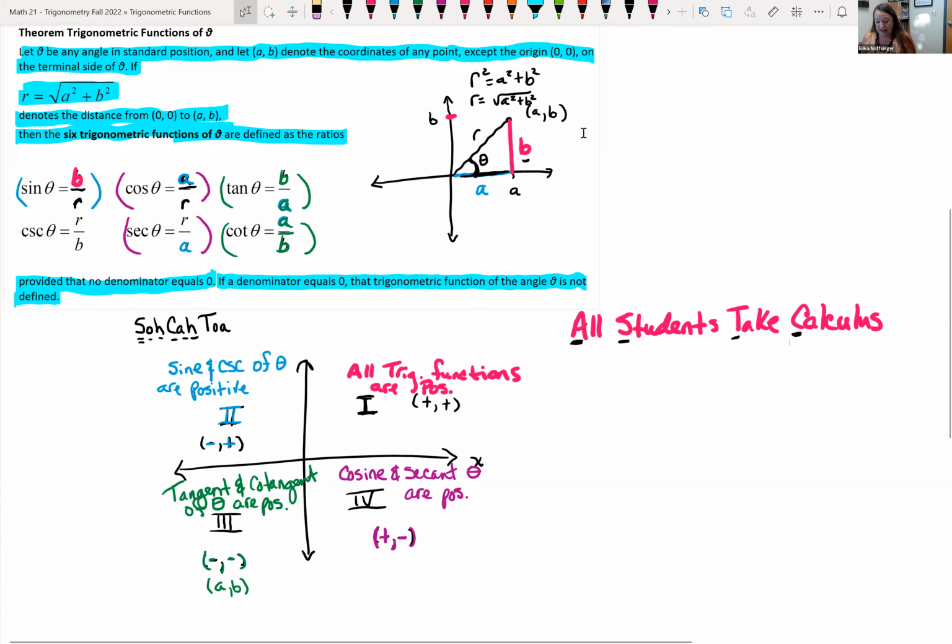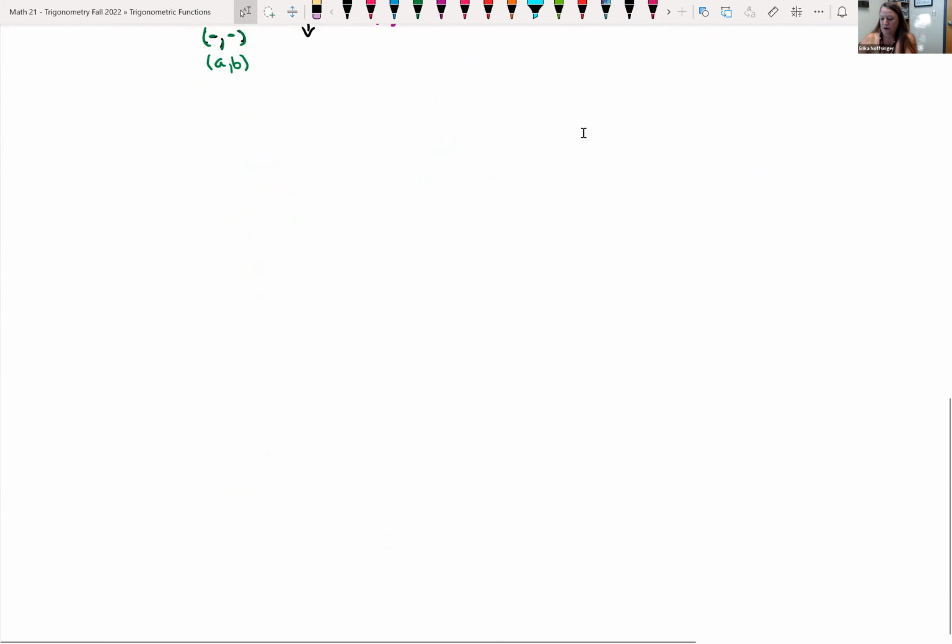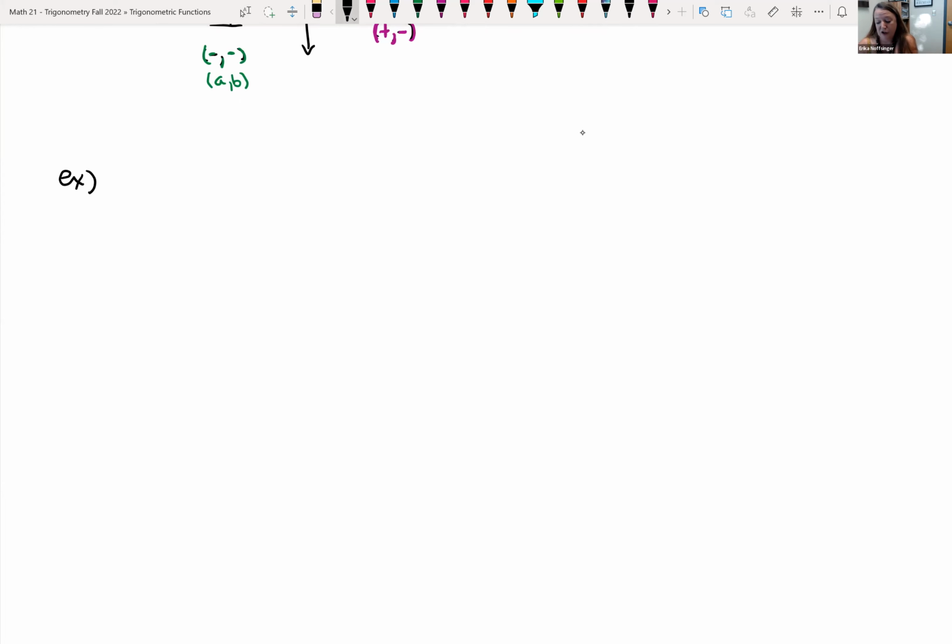Okay, so that being said, let's look at an example where we're given a point and we want to find the 6 trigonometric functions at that point, the angle that gets us to the distance of r from the origin. So for example, let's say we're given the point 1/2, negative √3/2.